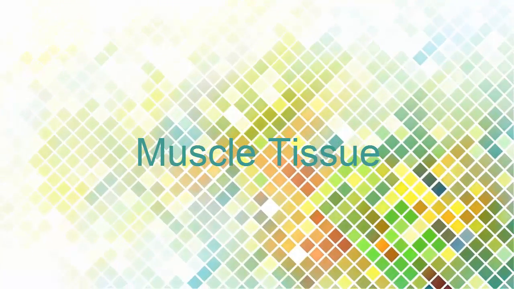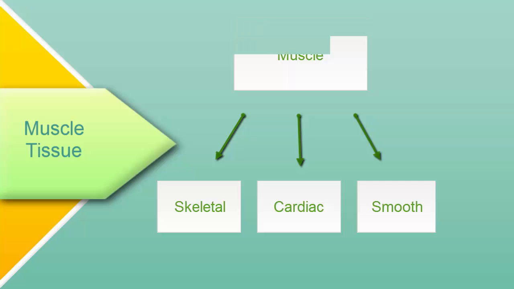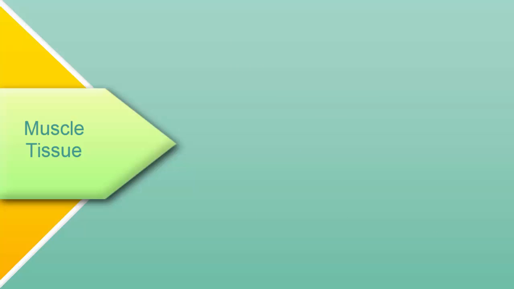Moving on to muscle now. There are three types of muscle tissue: skeletal, cardiac, and smooth. Skeletal and cardiac muscle will be covered in great detail when we get to their specific chapters. For our purposes in Chapter 4, I'd like you to know the three different cell types and what makes them different from each other.